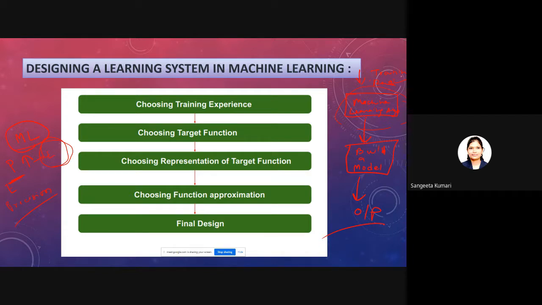You need to find the algorithm, but before that, what data you are going to feed to that algorithm should be known to you. And if you want a better training experience for the machines, it's important that you use some sort of direct and indirect feedback. So what could be direct feedback, right?